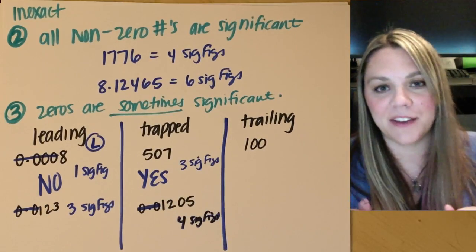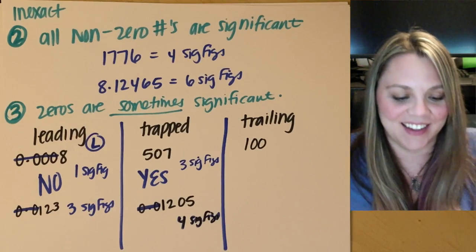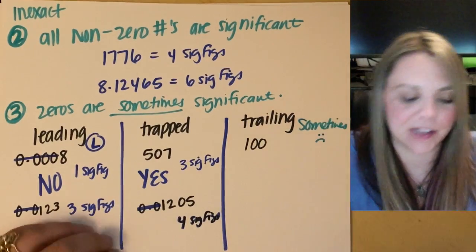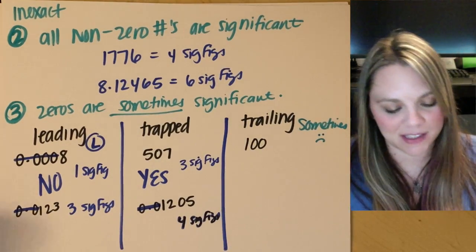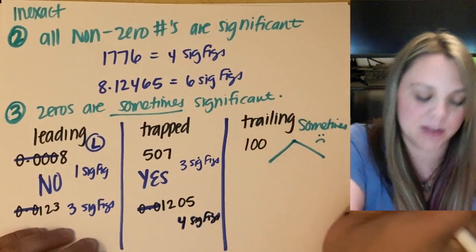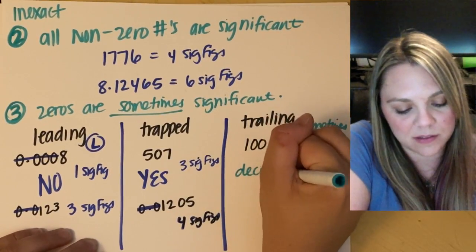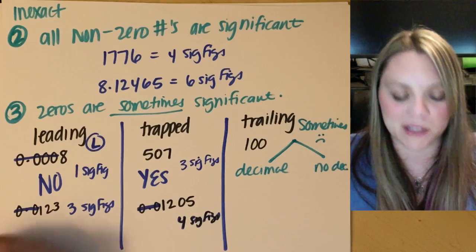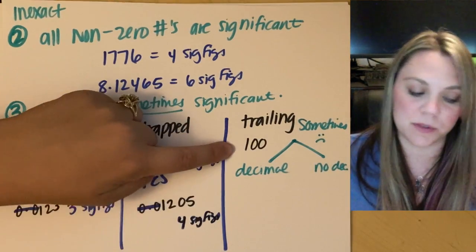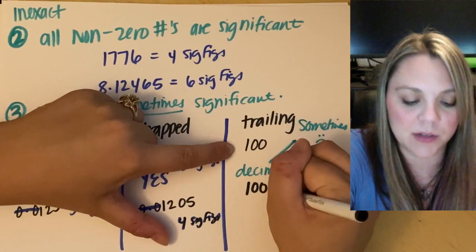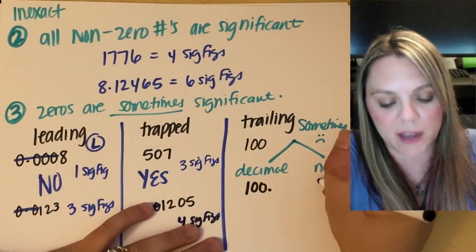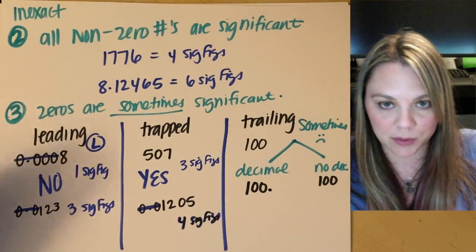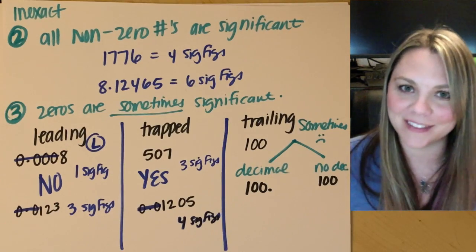Then trailing zeros are again a sometimes. Trailing zeros are sometimes significant. This breaks up depending on whether you have a decimal or no decimal. So let's look at 100 with a decimal point versus 100 without a decimal point. You'd think it's the same number, but it's not. That decimal changes stuff.